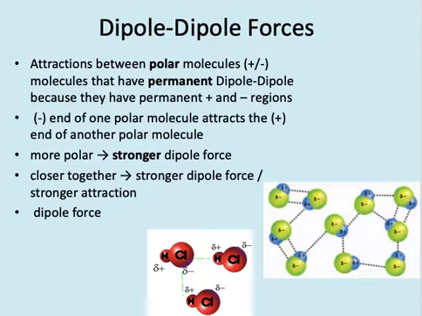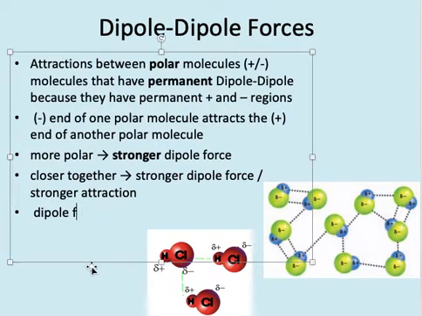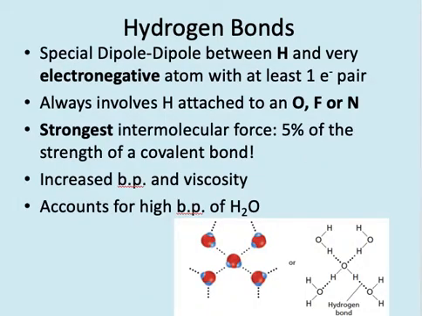This doesn't always mean that it's necessarily stronger than dispersion forces that we just talked about, but typically when we're talking about them, we see them being a little bit stronger if they are more polar or closer together.